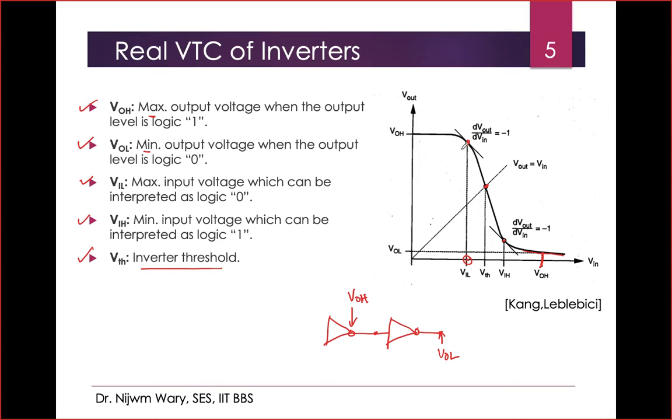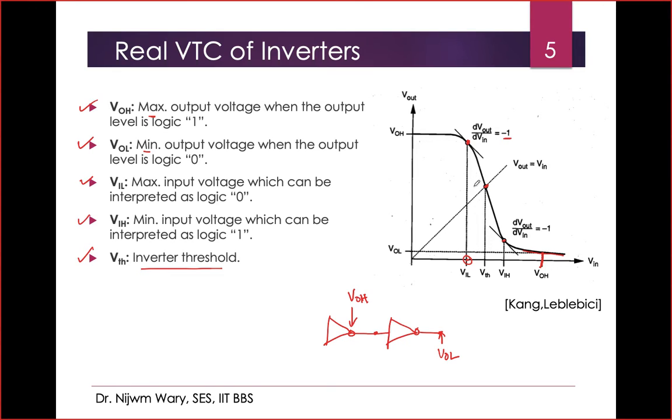The reason is, if you see in terms of the gain of this inverter, dV out by dV in is basically the gain of this inverter, right? The change in V out with respect to change in V in is the gain. The gain of the inverter here is -1, but the slope is more negative at this point, which is higher than 1.